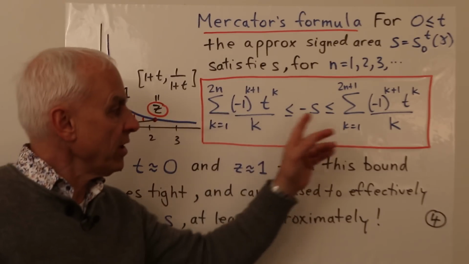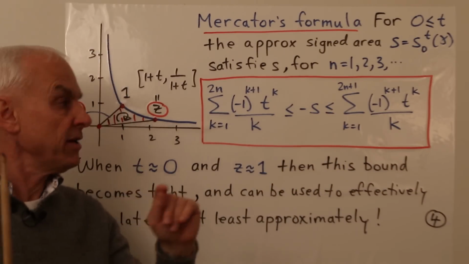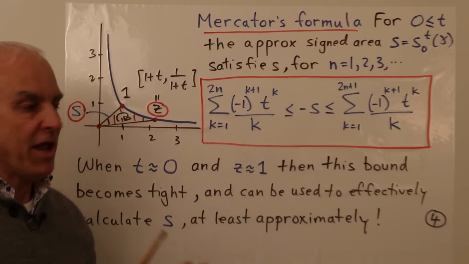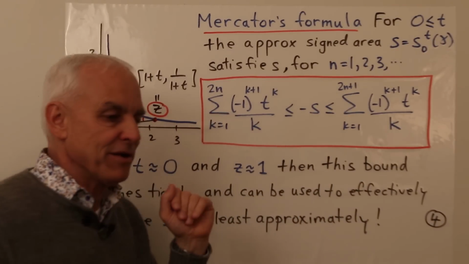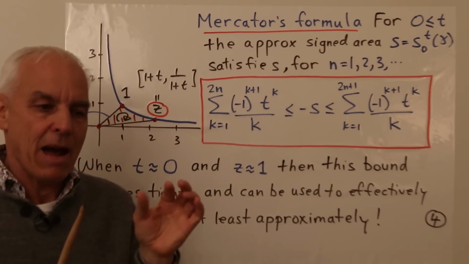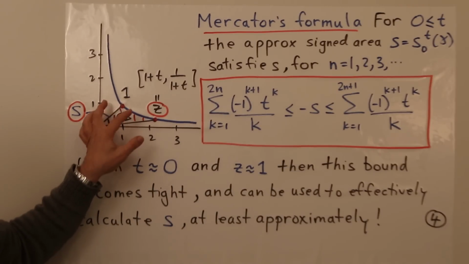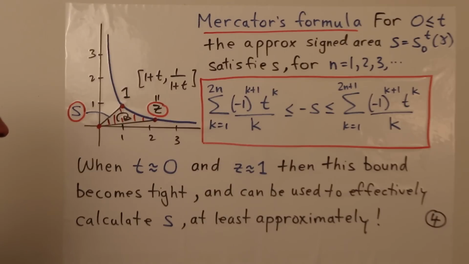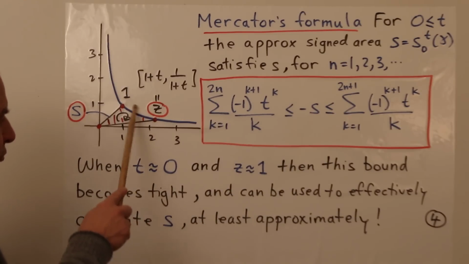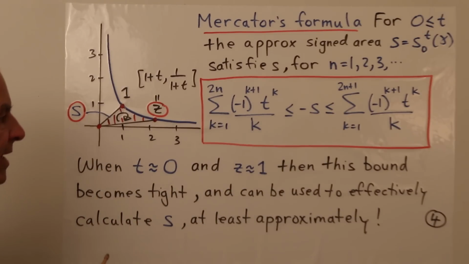Now, note this inequality, this sandwiching, is valid even for bigger t. It's just that the difference between the right-hand side and the left-hand side happens to be small only when t is in this range between 0 and 1. Okay, so when t is relatively close to 0, and z is then pretty close to this point 1, then this bound becomes rather effective.